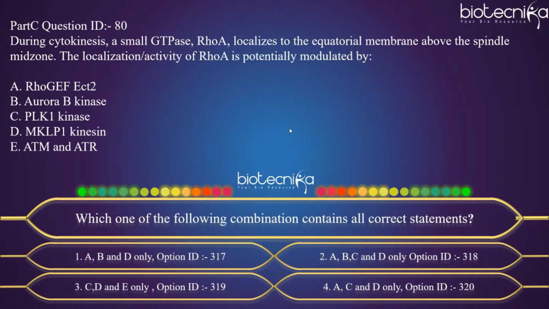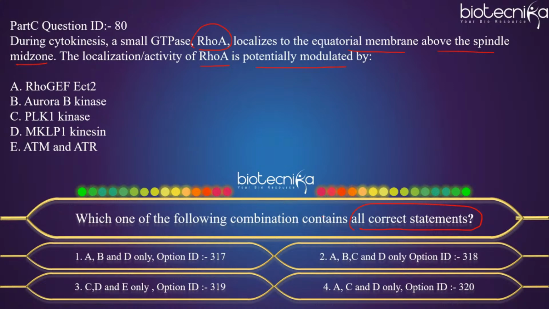So again, this is from shift 1. During cytokinesis, a small GTPase, RhoA, localizes to the equatorial membrane above the spindle midzone. The localization and activity of RhoA is potentially modulated by, and there are various proteins, okay, names are given. So you have to find which ones are the correct ones over here.